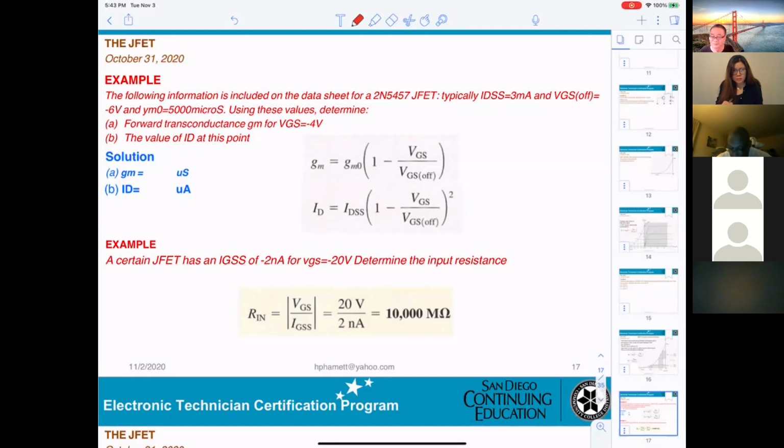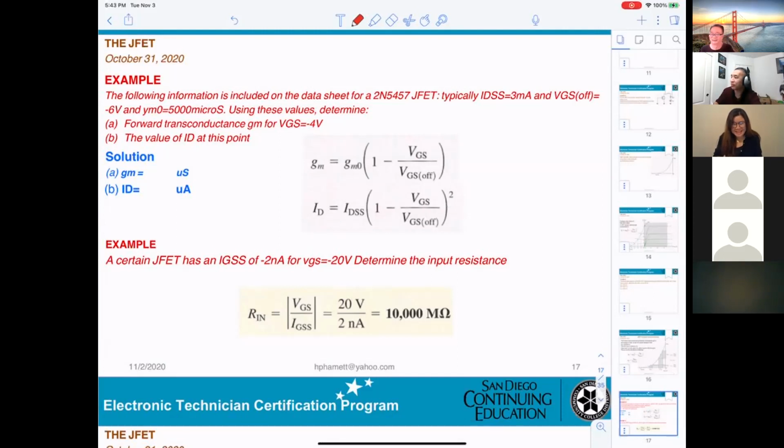Is it micro Siemens? Micro Siemens. Okay, so then let me check it one more time. I got 6.671 micro Siemens. Try again. Try again.